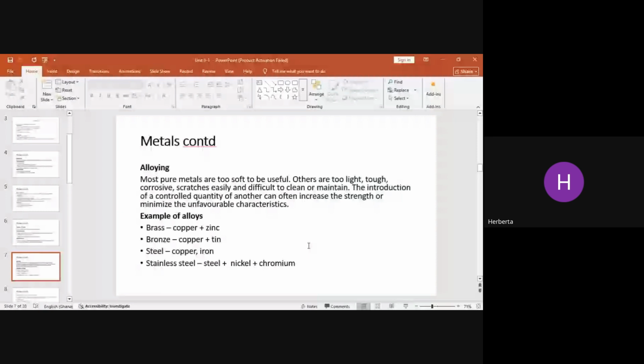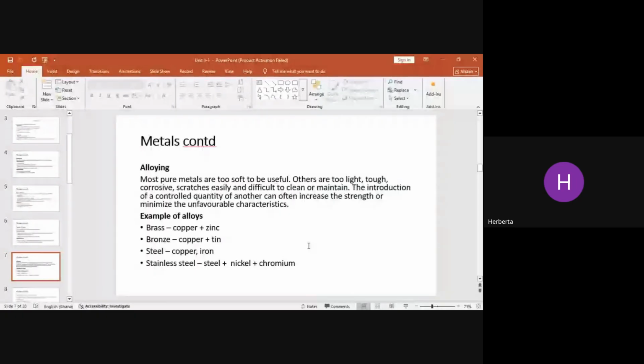An example of such metals is brass. Brass is a combination of copper and zinc. Bronze is a combination of copper and tin. Steel is a combination of copper and iron.